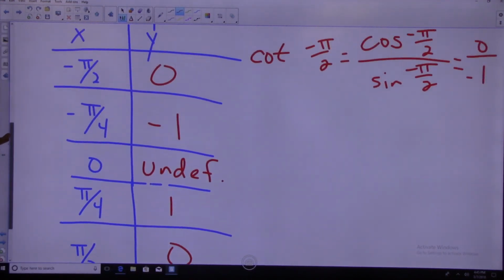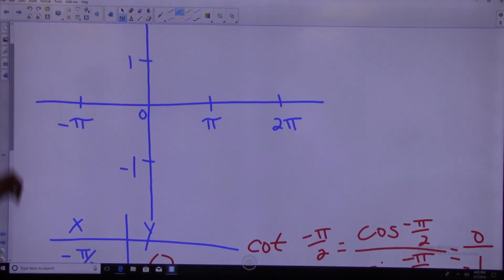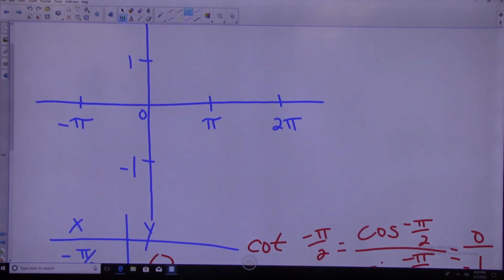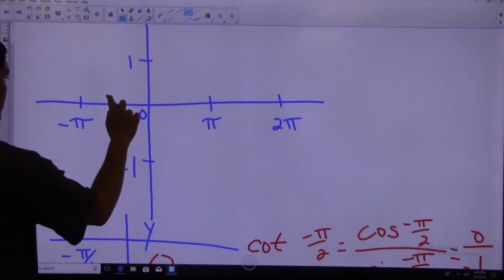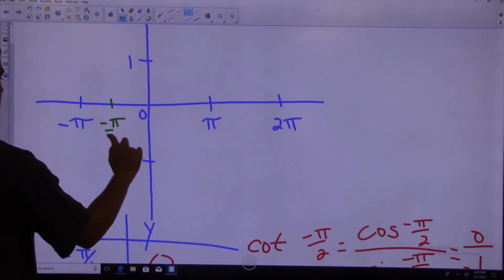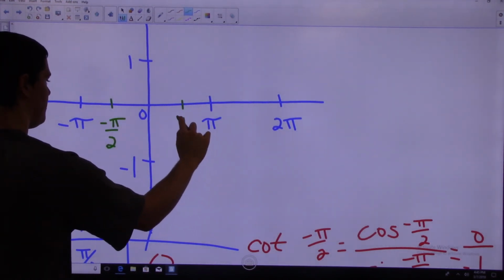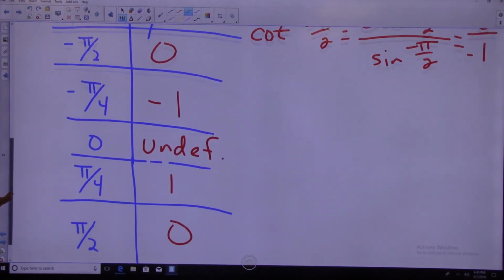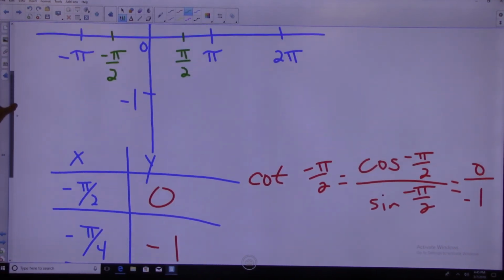Okay, so let me try to plot all these real quick. Here we go. So first of all, let me do negative pi over 2, would be about right there. And positive pi over 2, would be about right there. I might need to do some more points here. Negative pi over 2 is 0.